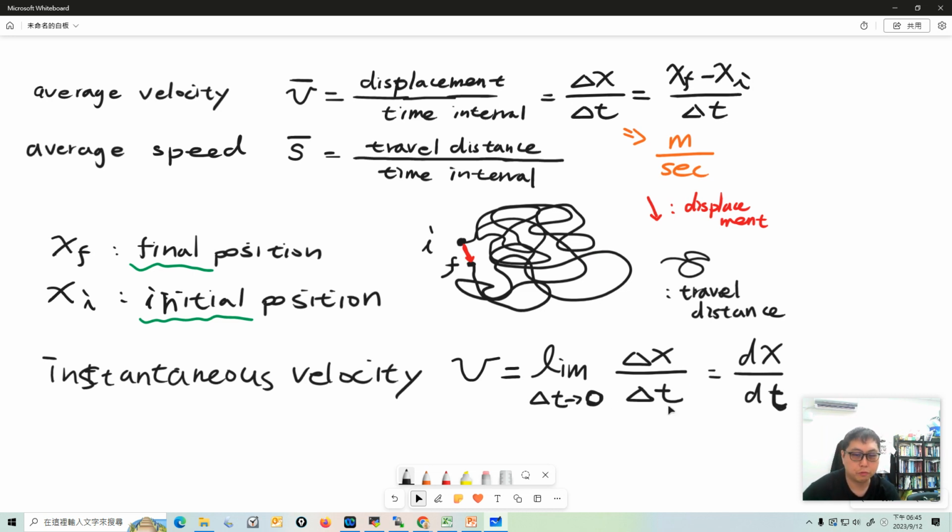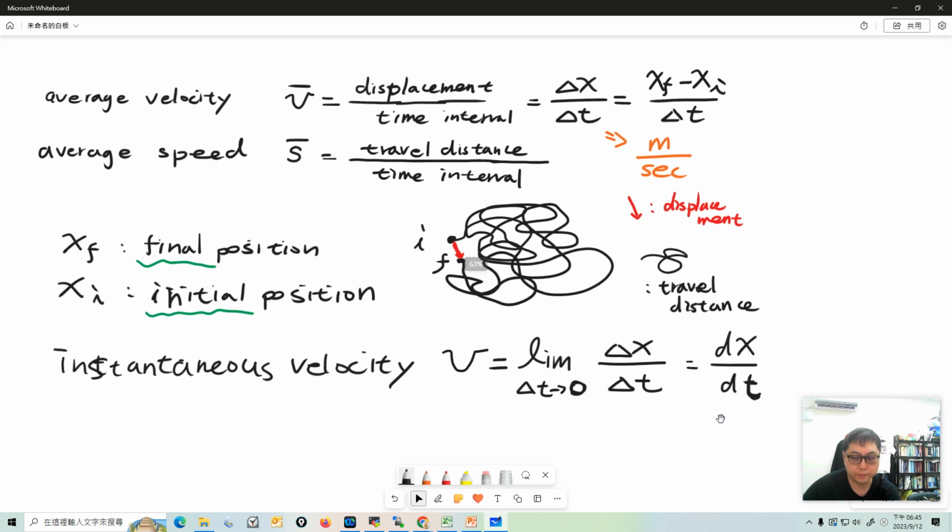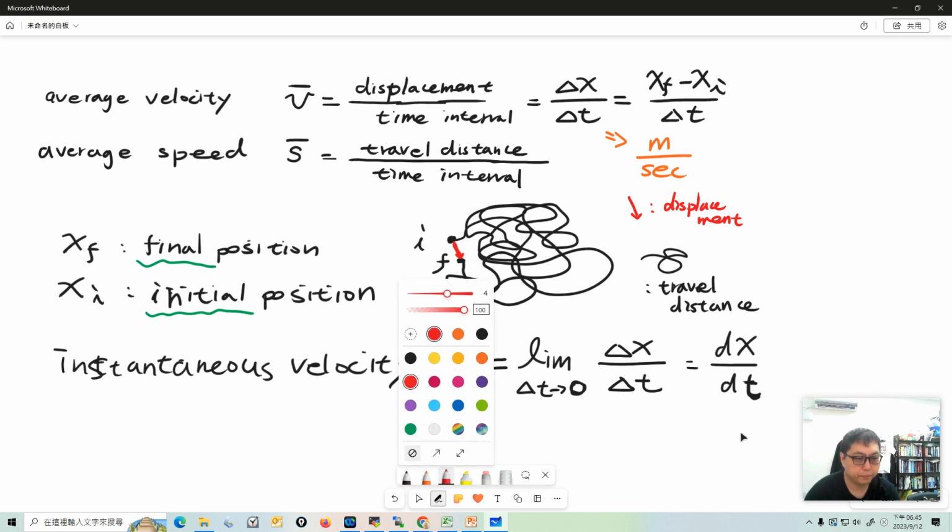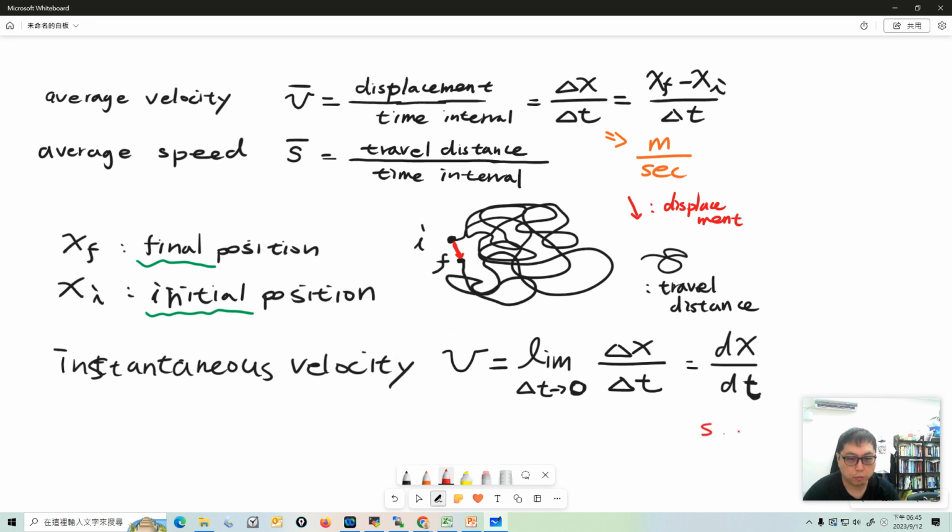If you know the derivative from your calculus class, the physical meaning of the derivative is slope.